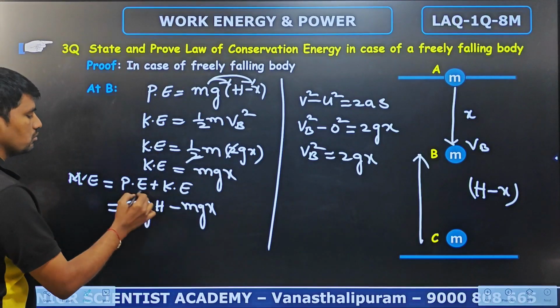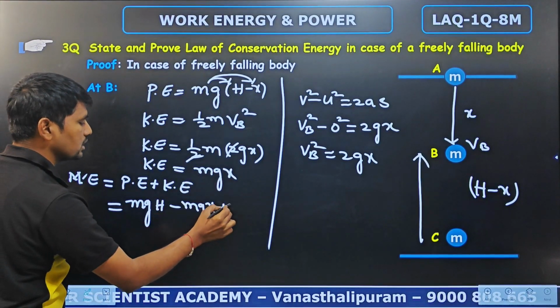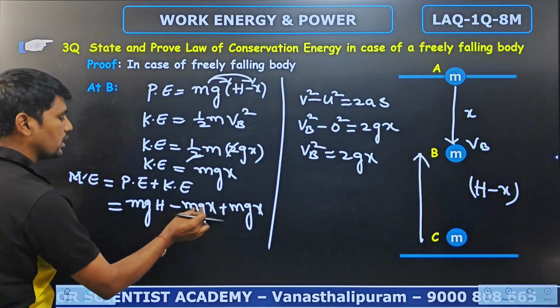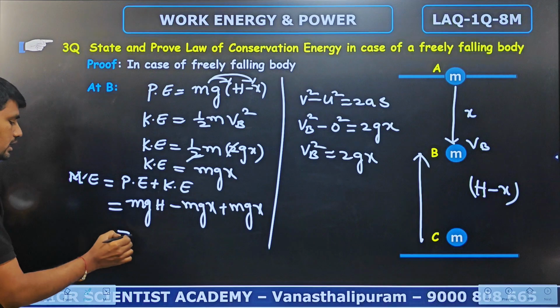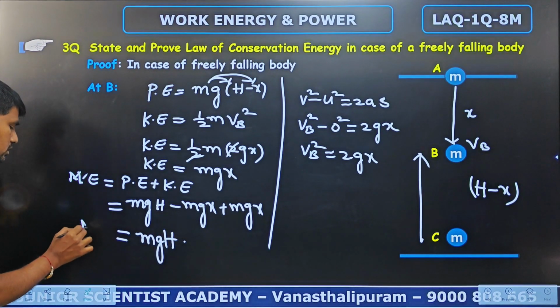This is the potential energy. Kinetic energy is plus mgx. Mgx will be cancelled, positive and negative. So finally mechanical energy is mgH only, right?